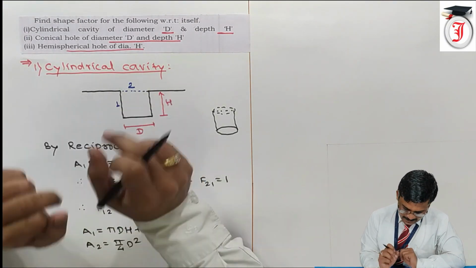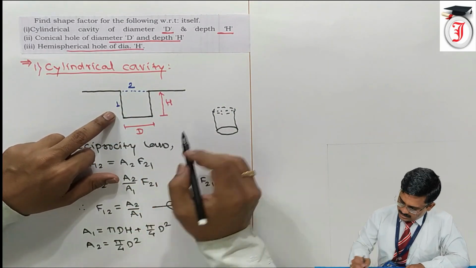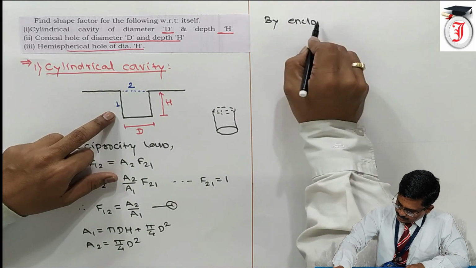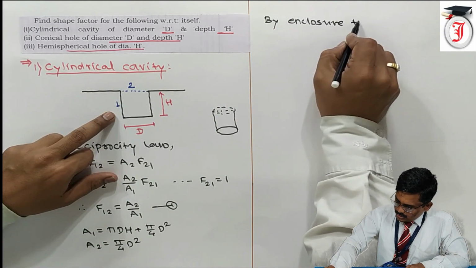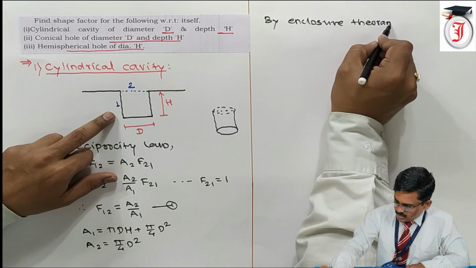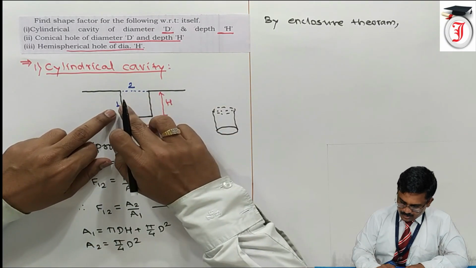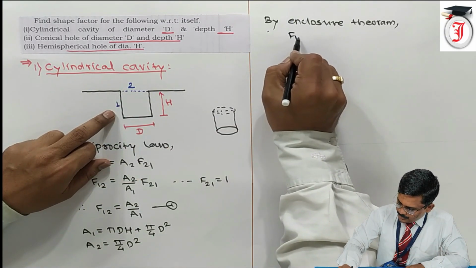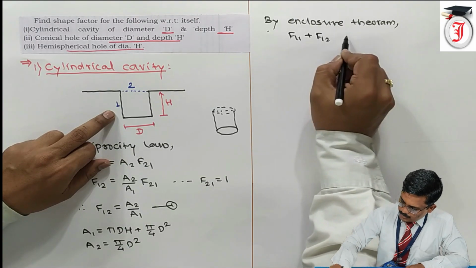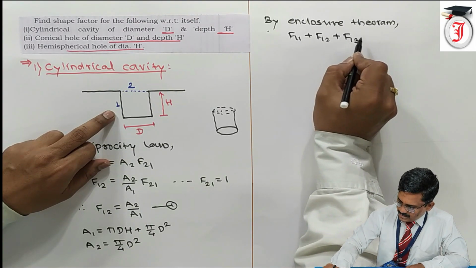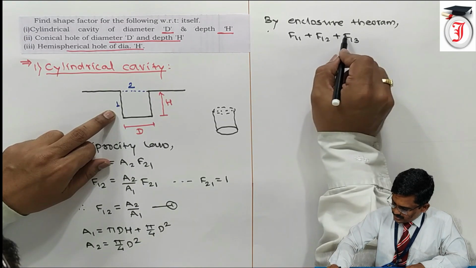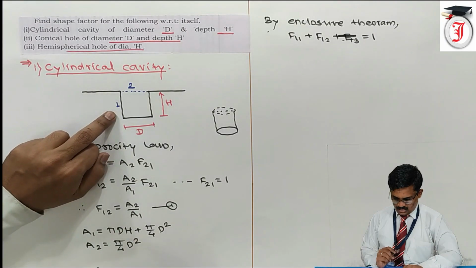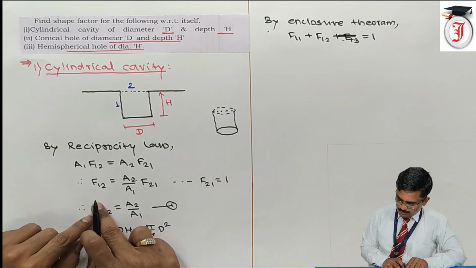Now as it forms the enclosure, let us apply enclosure theorem for the first surface. So F11 plus F12 is equal to 1, as there are only two surfaces.